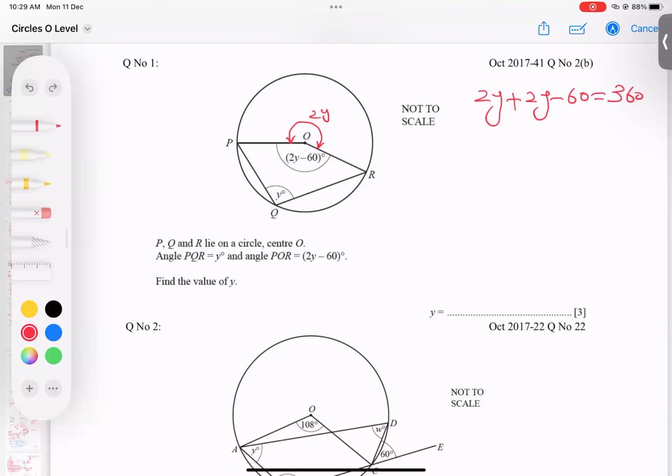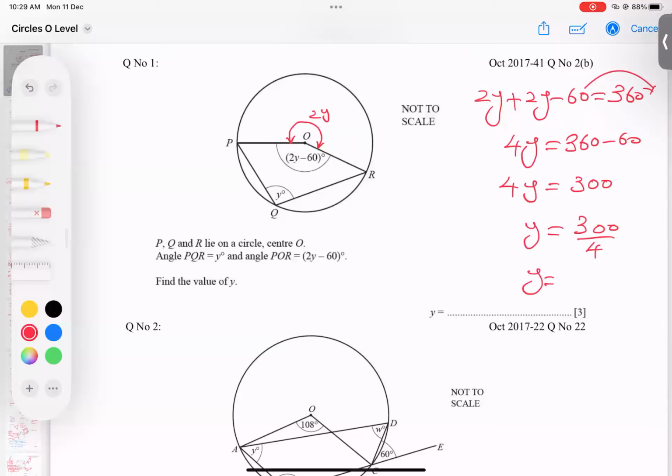So 2y plus 2y gives us 4y, and 60 goes to the other side. Wait a minute, let me check again.